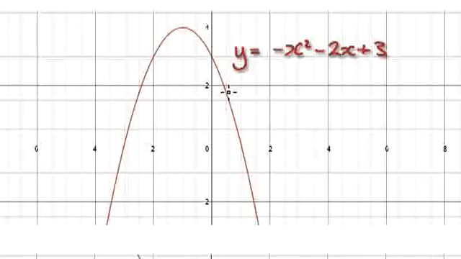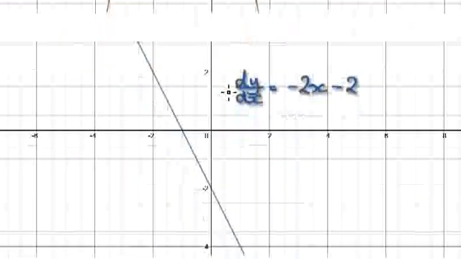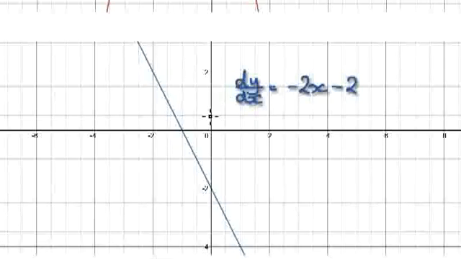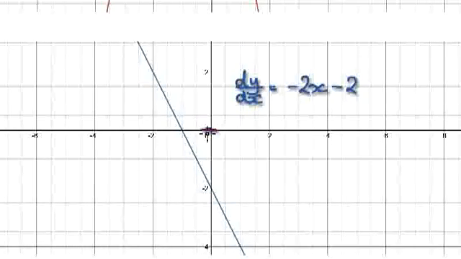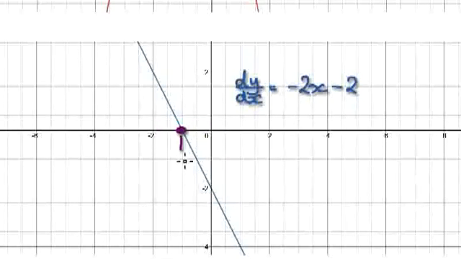You can just look at your dy by dx and ask yourself, if I just look at the gradient, when will the gradient be 0? Well, the gradient is 0 right here, at this point here.